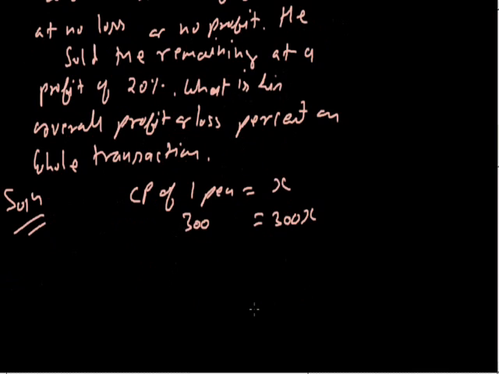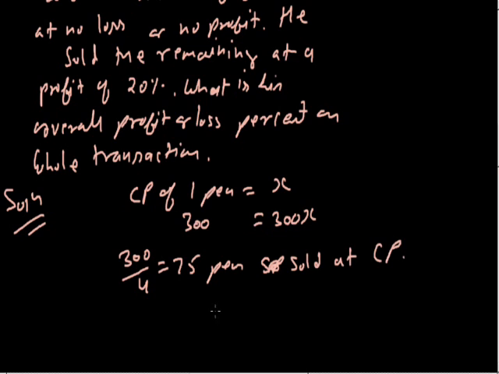Now it is given that 1 pen out of every 4 pens, that is 300 by 4, that is 75 pens, are sold at the cost price. So the selling price of 75 pens equals 75 times the cost price of one pen, that is 75x.